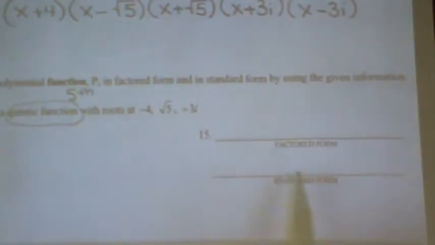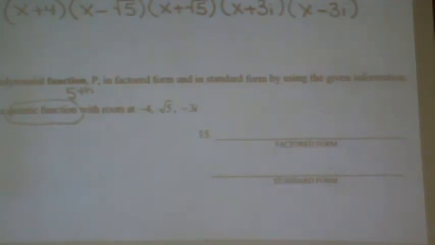But what did I tell you? They come in pairs, so you're going to have the opposite one, x plus root 5. If -3i is a root, you're going to write x plus 3i. Remember, it's always the opposite, and these come in pairs. That's what you're going to have in factored form, just like that.